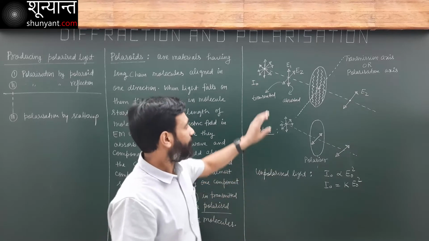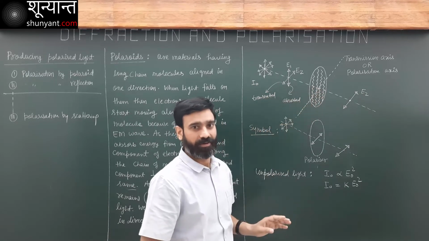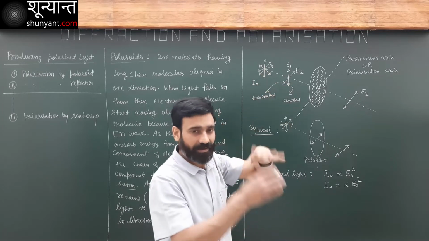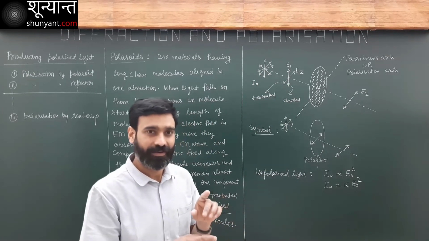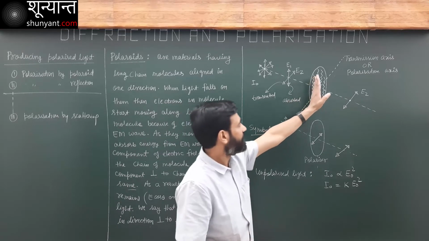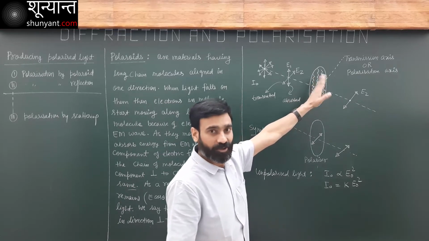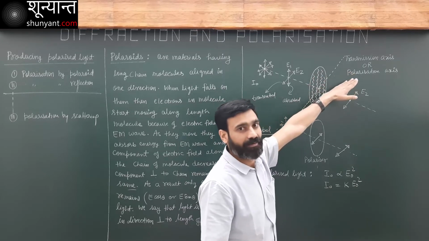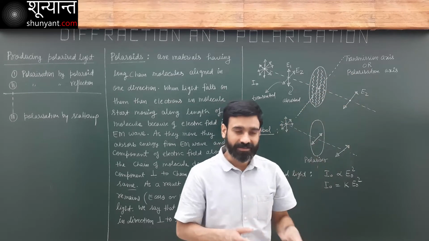Out of that, one component gets absorbed. Every vector, in all infinite directions, is going to have components: one component along the length of the molecule, the other component along the transmission line. So we are breaking all the vectors in two directions.